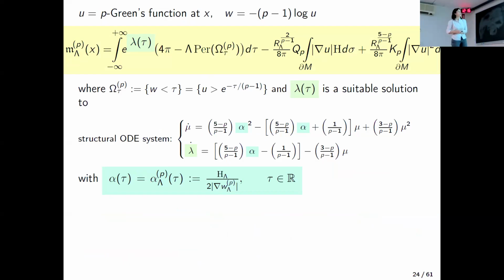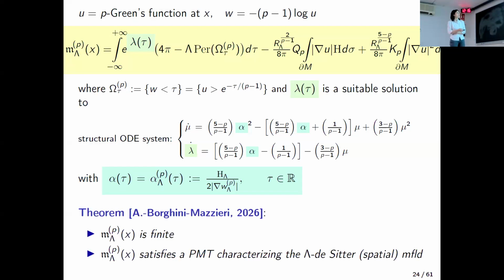And this structural ODE system is actually a decoupled ODE system, because you just have to solve it for mu, which is a Riccati equation for mu, and then solve it for lambda. There is also this function alpha that I will comment on later if I have time. But for the moment, let me just say that lambda here satisfies this ODE system.